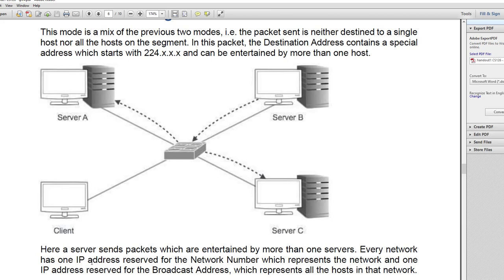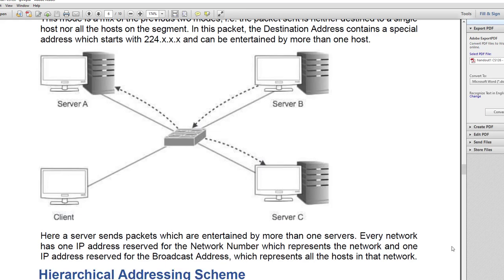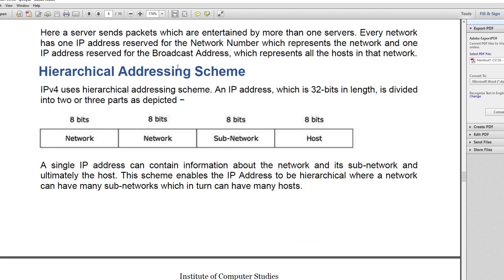Every network has one IP address reserved for the network number, which represents the network, and one IP address reserved for the broadcast address, which represents all the hosts in the network. This is the hierarchical addressing scheme which IPv4 uses.